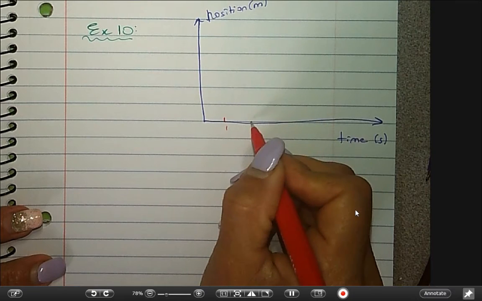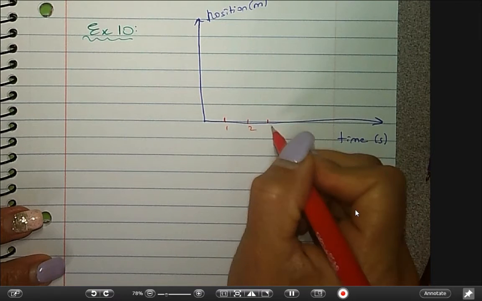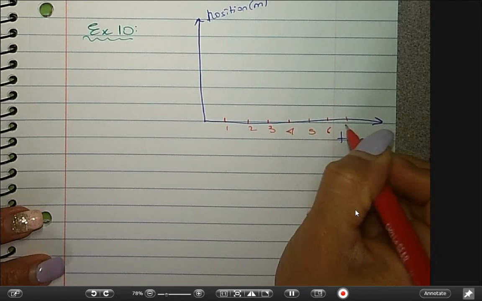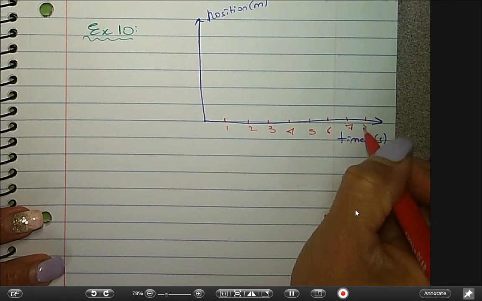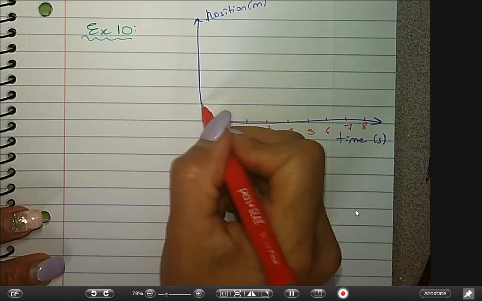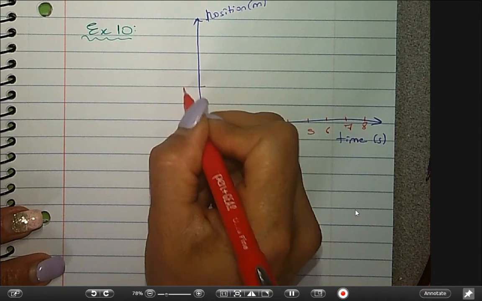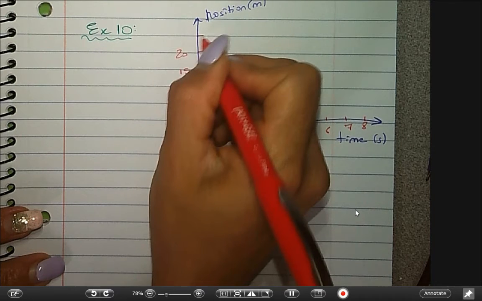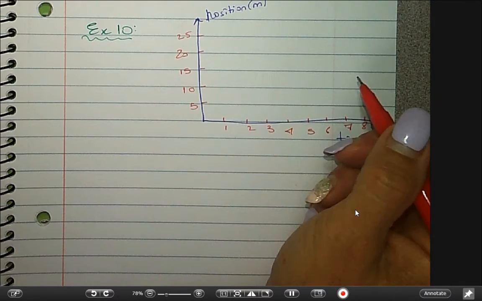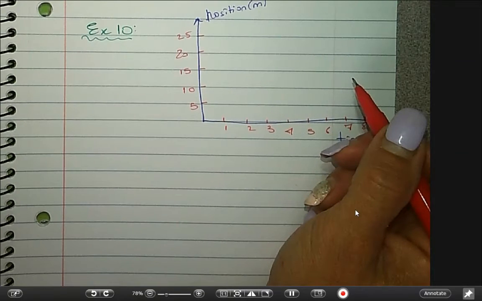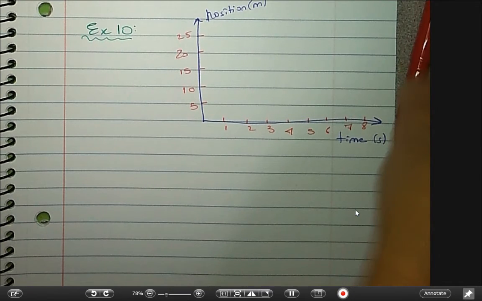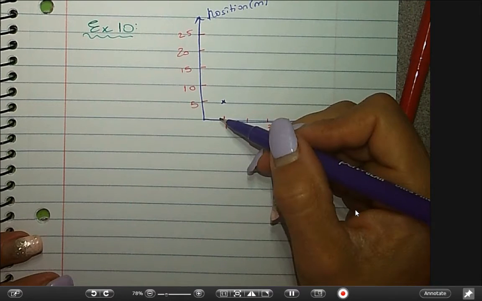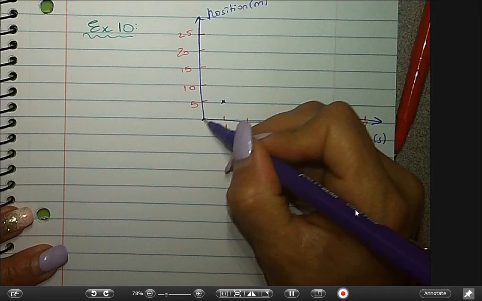And I'm going to label this 1, 2, 3, 4. This is your time. And here I'm going to do 5, 10, 15, 20, 25, and just going to do 1 and 5.